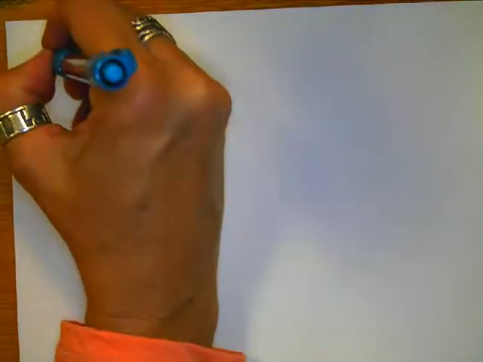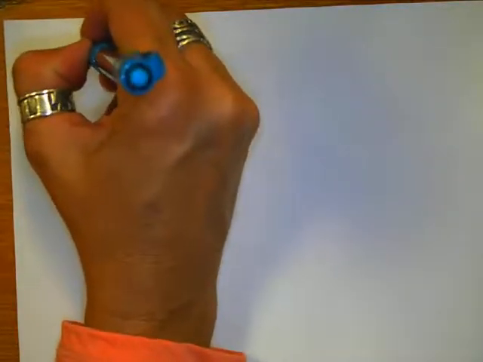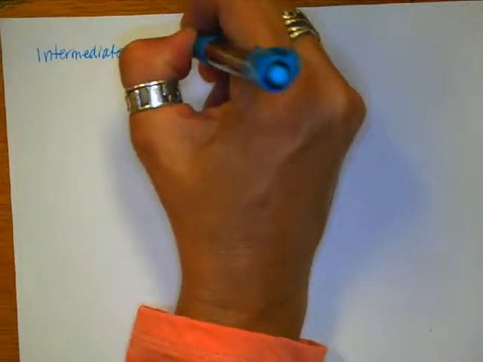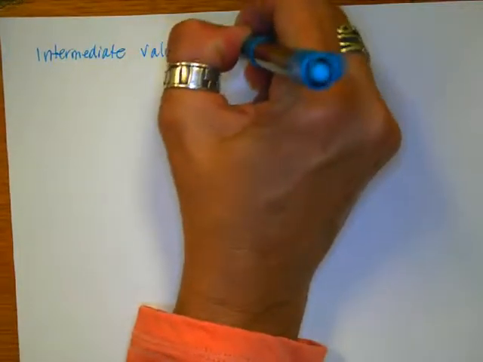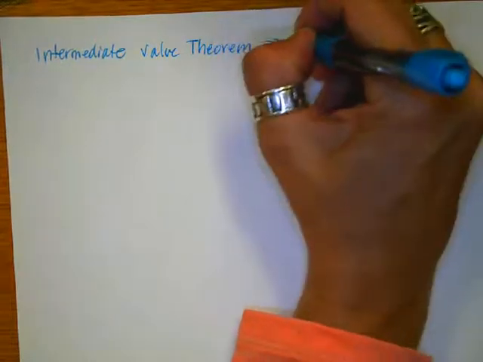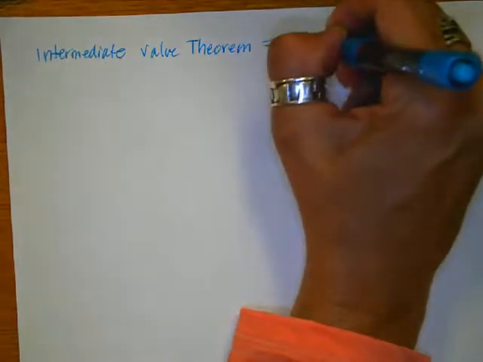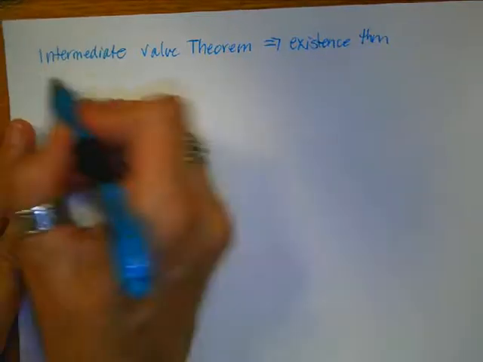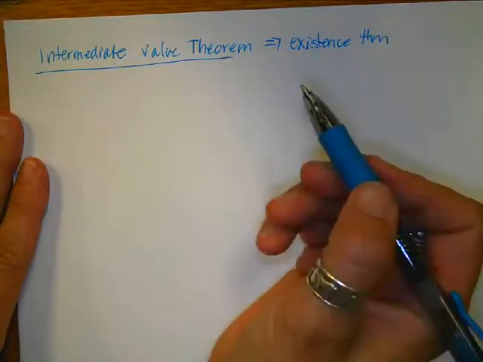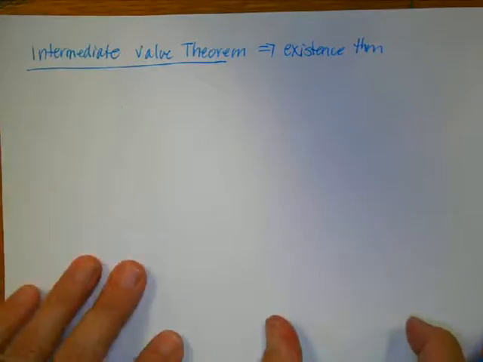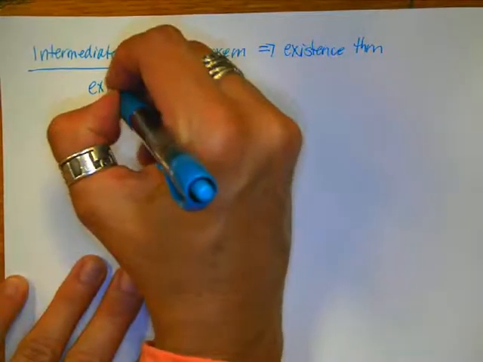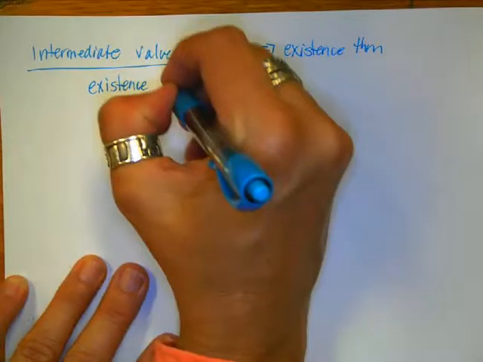So the intermediate value theorem, if you'll remember, is called an existence theorem because really all it does is it shows the existence of something. And the intermediate value theorem actually shows the existence of a 0.